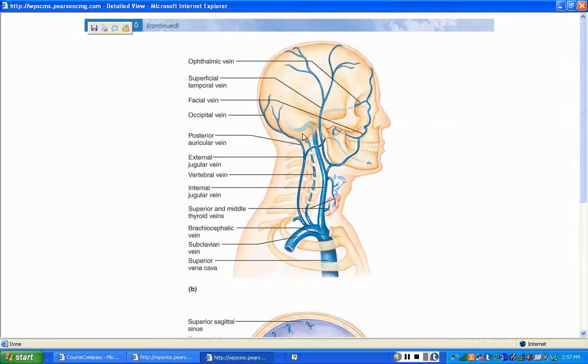Find on this picture the external jugular for me. Notice that the internal and external jugular are completely separate. They never join each other, which is different than the carotids. Okay.